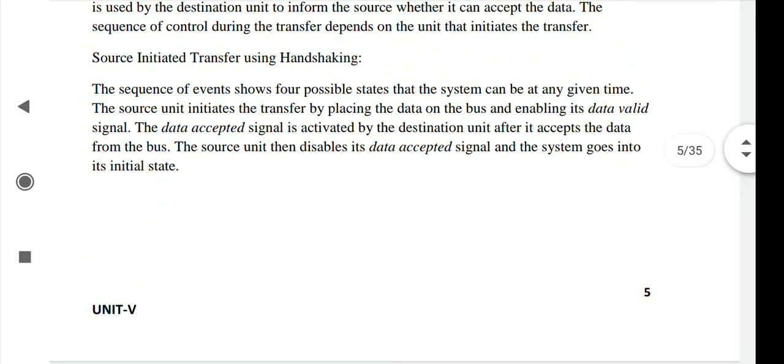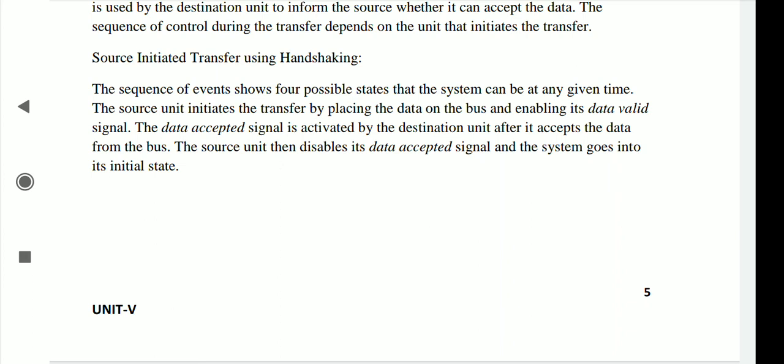Source-initiated transfer using handshaking: the sequence of events shows four possible states the system can be in at any given time. The source unit initiates the transfer by placing the data on the bus and enabling its data valid signal.